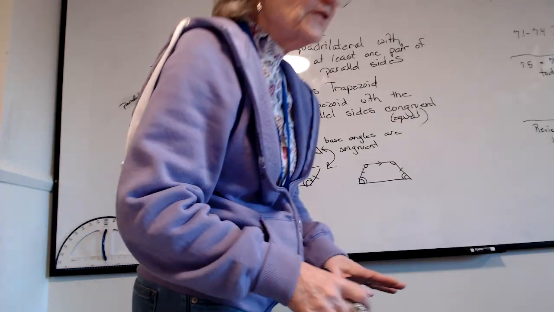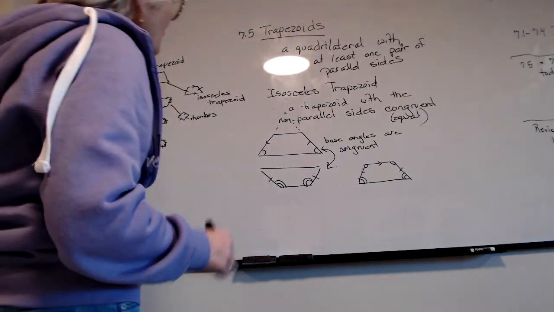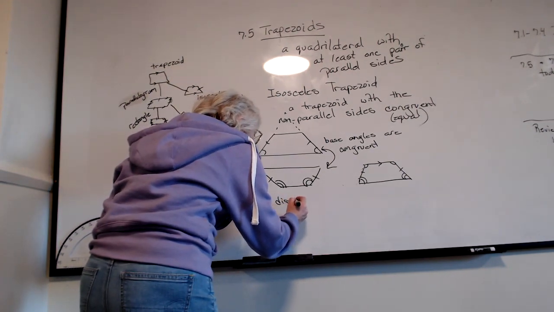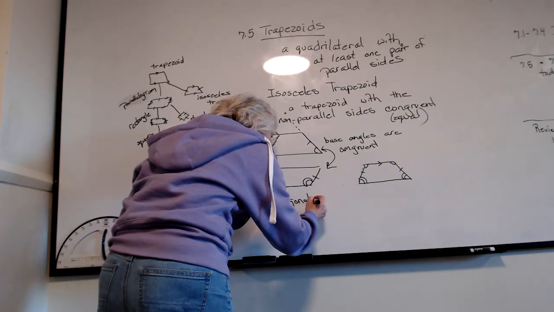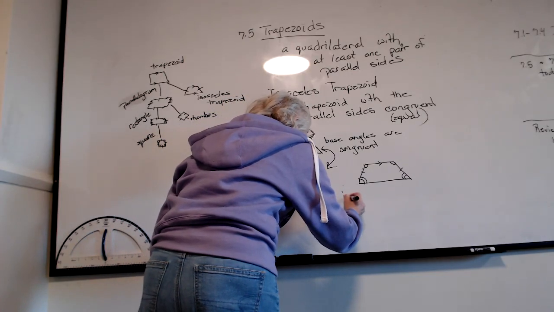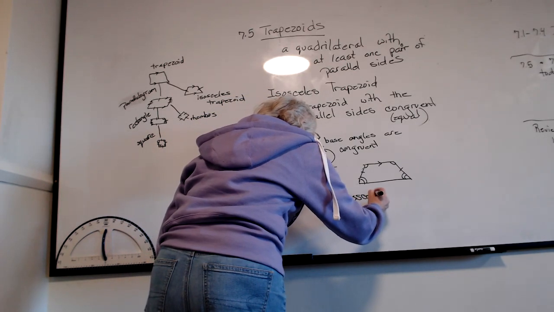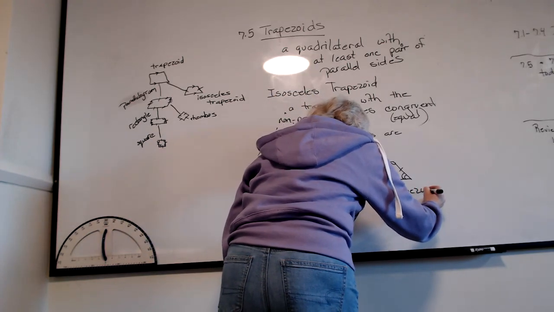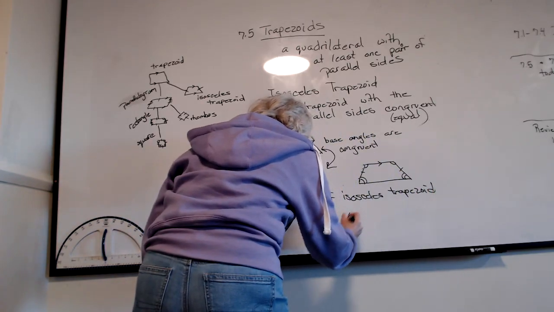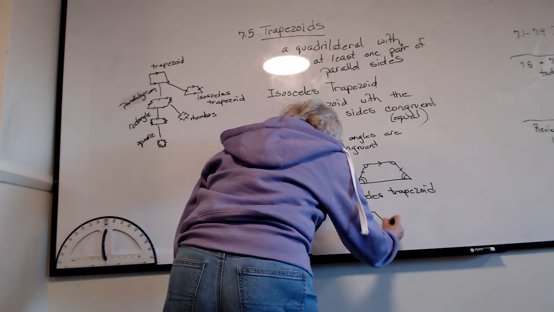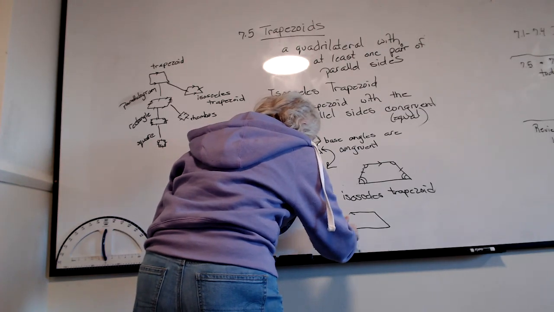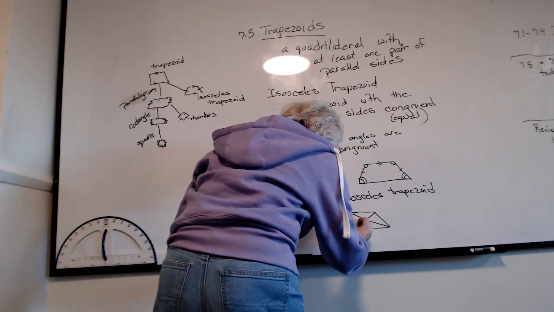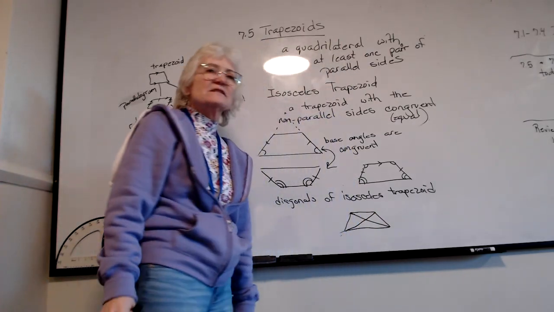The other thing we can say is, when we draw diagonals in an isosceles trapezoid, what would happen? They'd be equal, that's right. So if we draw these, they will be equal. Will they bisect each other?